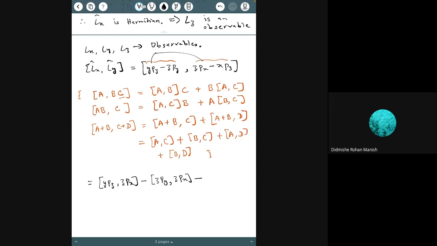You can do it in fewer steps if you recognize a few important things. And then you have minus y p_z x p_z. Then you have plus z p_y x p_z. Okay. So y p_z z p_x.